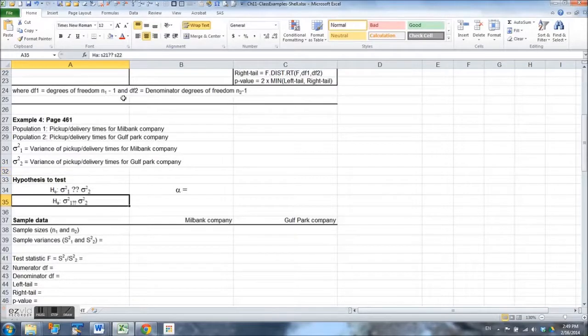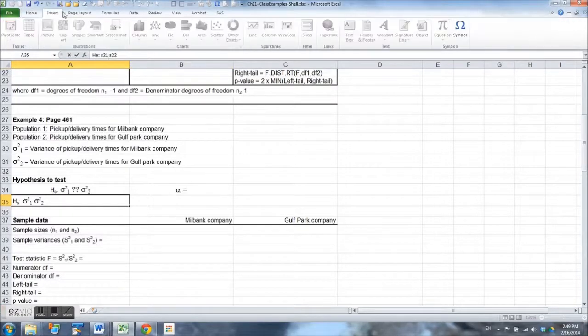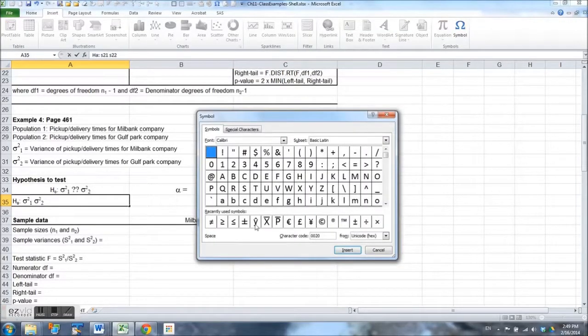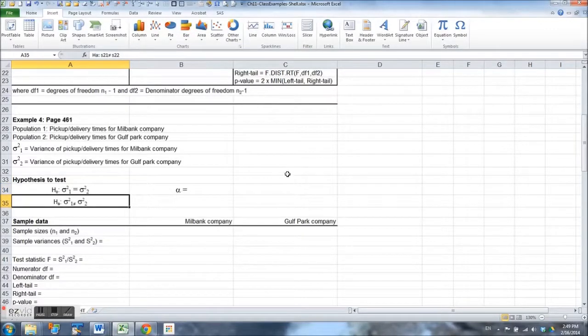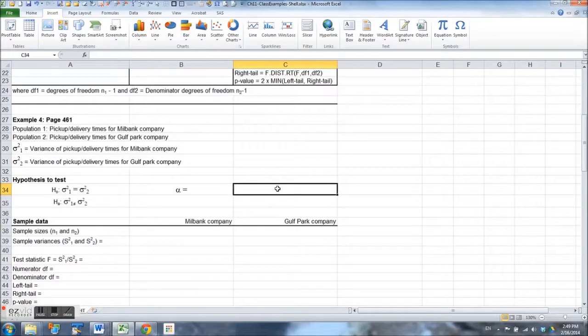Now we want to test the alternative, whether the quality of service is different for the two companies. So we insert not equal to, then this will be equal to, whether they are equal or they are not equal.